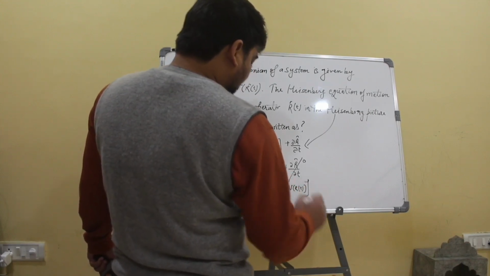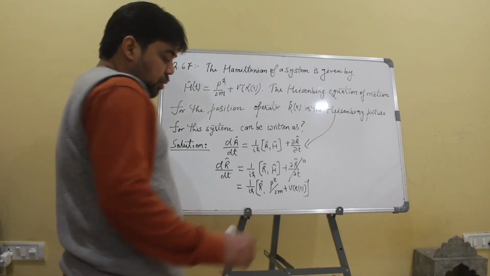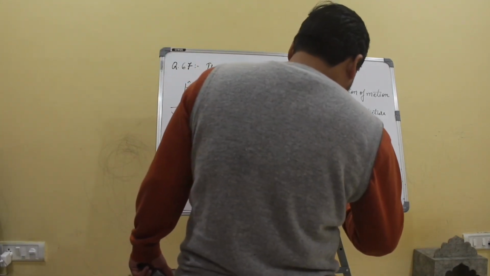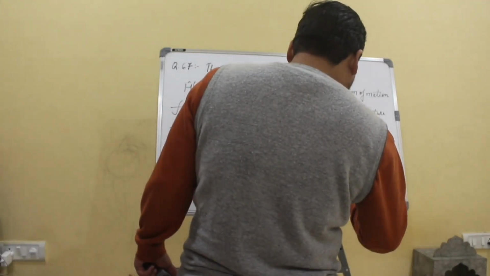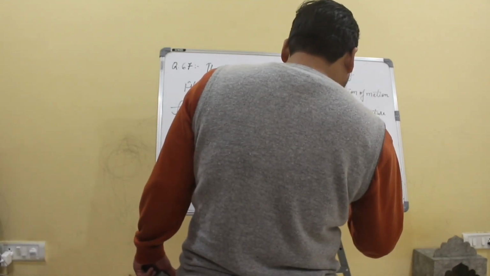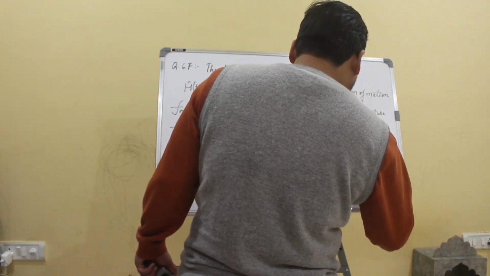Right? Now it will have two commutators. What are those? It will be the commutator of r cap with p square by 2m, plus the commutator of r cap with V of r.